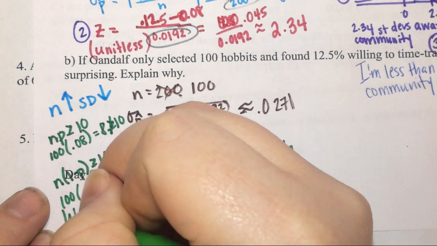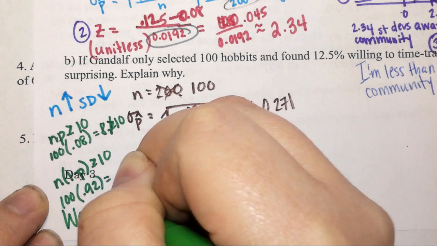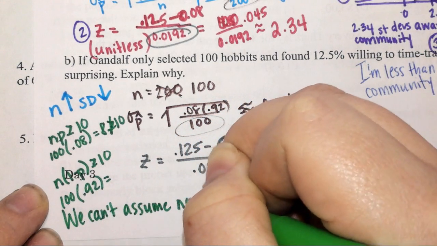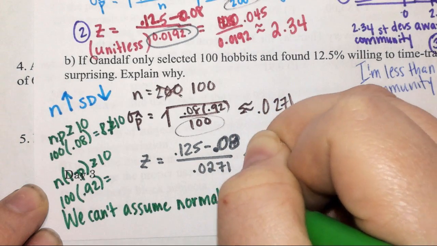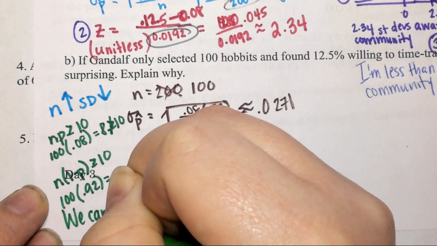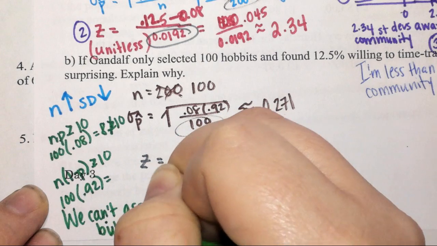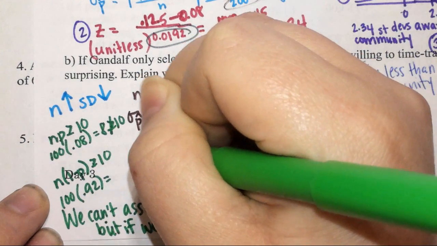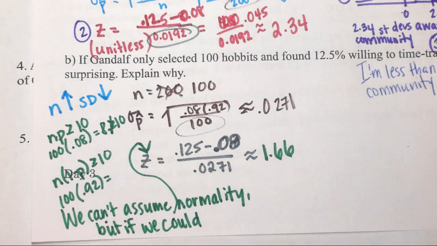We can't assume normality. But if we could, then that's where I go to that z-score and try to apply some usefulness. But no, I agree. Normally in life, if this was a real statistician's problem, they would say, nope, this is not something we would need to go further with because we're not meeting the conditions.